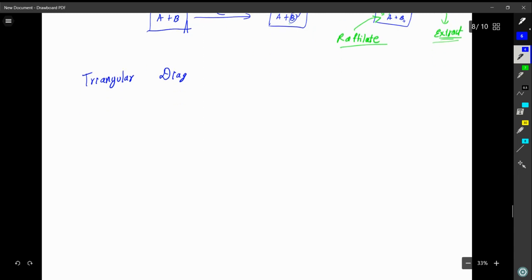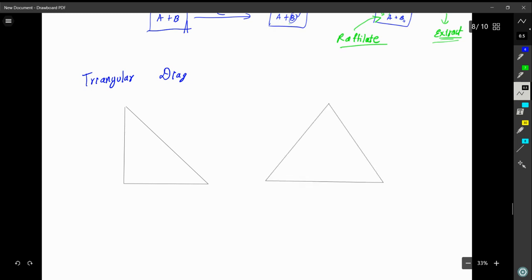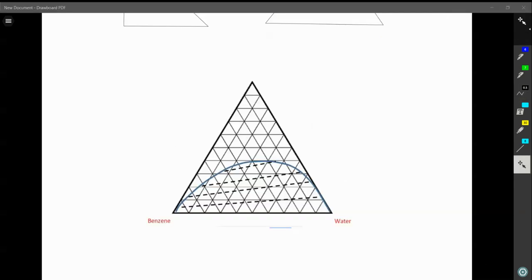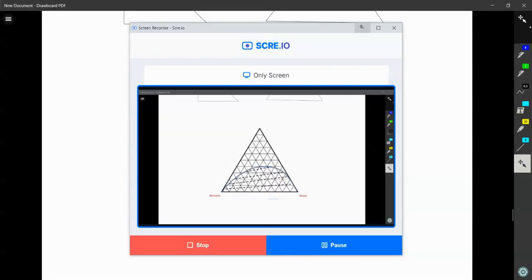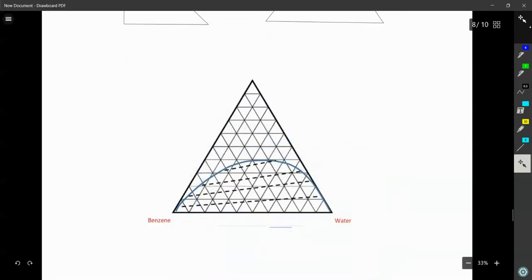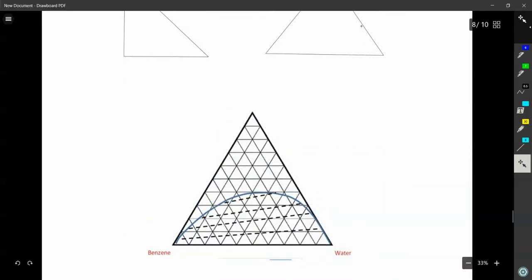In triangular diagrams, you can have a right-angle triangle diagram, or you can have an equilateral triangle diagram. Over here, I have an image of an equilateral triangle diagram.